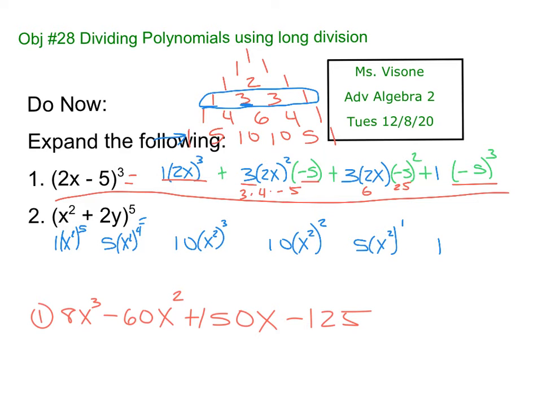And then from the back, 2y to the 5th, 2y to the 4th, 2y to the 3rd, 2y squared, 2y to the 1st, and then 2y to the 0.